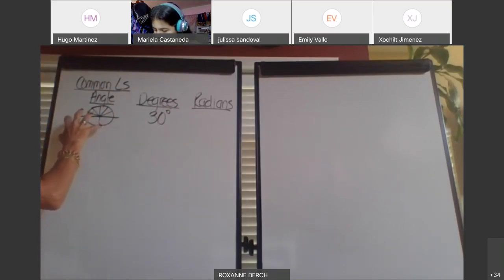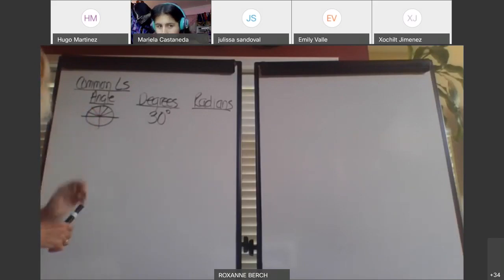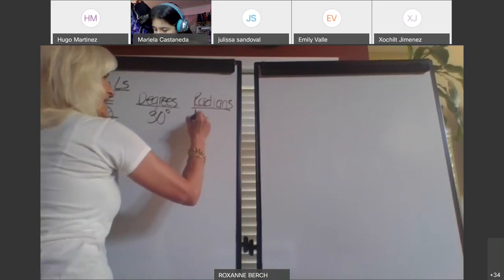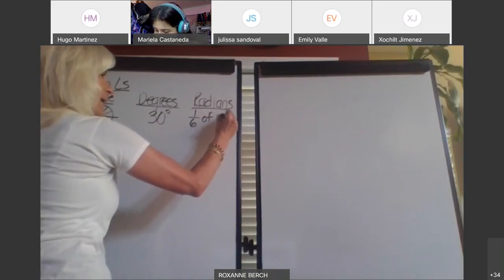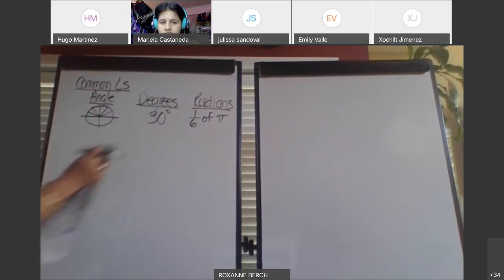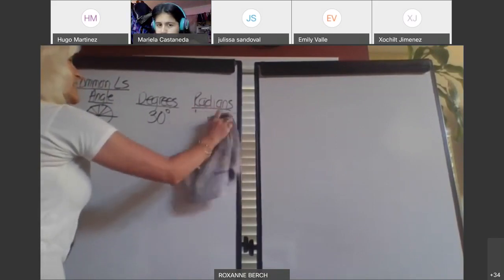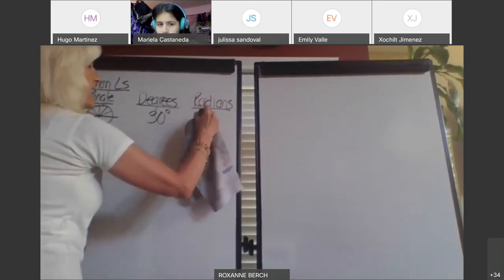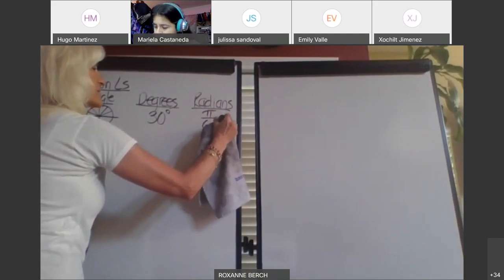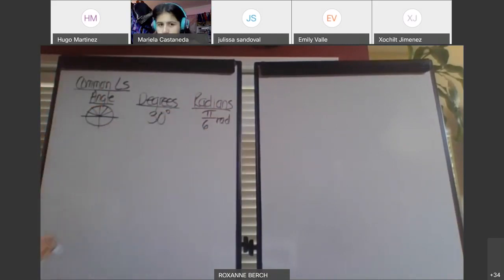Since I divided pi into 6 equal parts, we have 1/6 of pi. Of in math means multiply. So instead of writing it like that, we're just going to say 1/6 times pi, which is pi over 6. So 30 degrees is equivalent to pi over 6 radians.